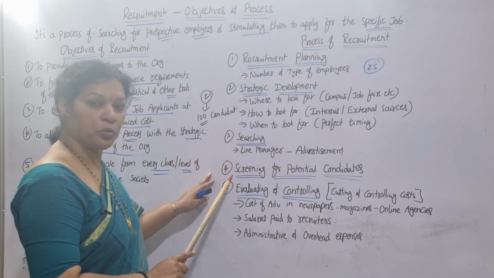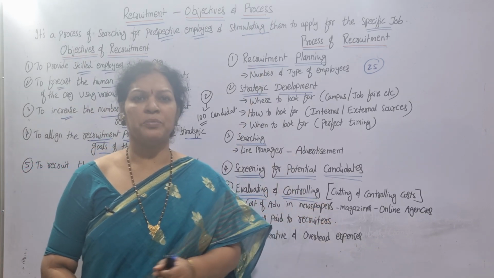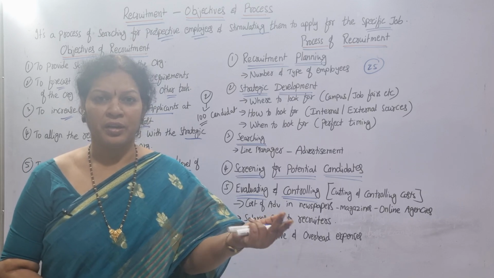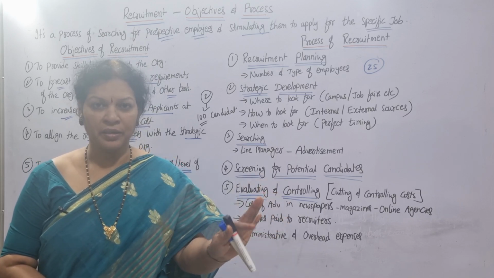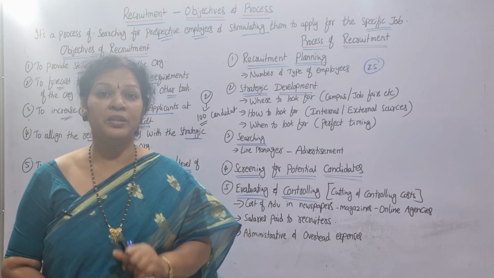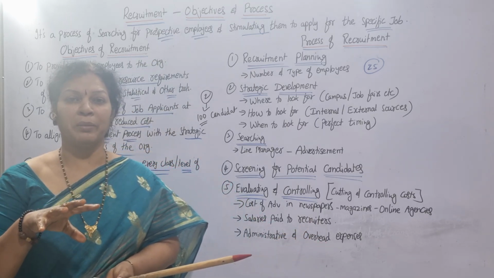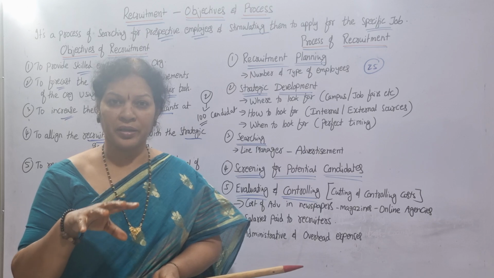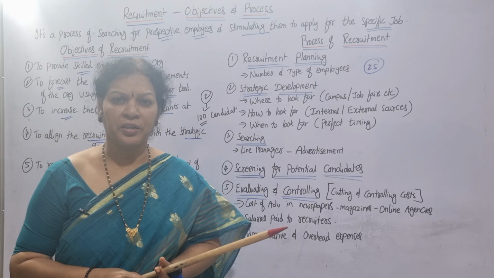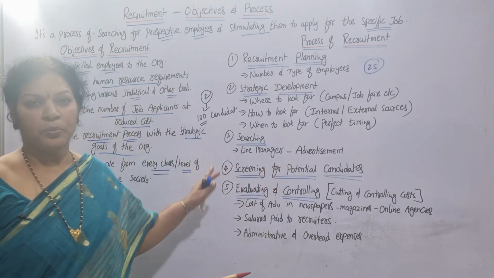Then once the searching is over, then screening for potential candidates. Screening means you are just observing whether the candidate is suitable to the organization or not, and the rest of the process is selection. But finally you are screening, means you are just testing whether he is going to work properly or not, the minimum qualities, the minimum requirements, and also verification of their identity card and certificates, etc. Screening is the fourth stage.